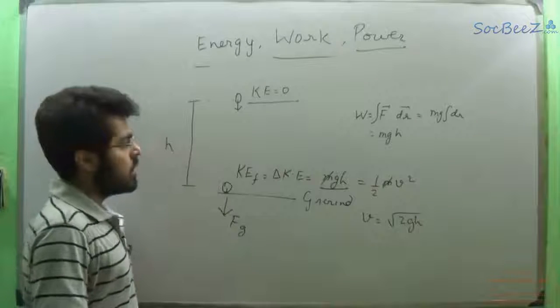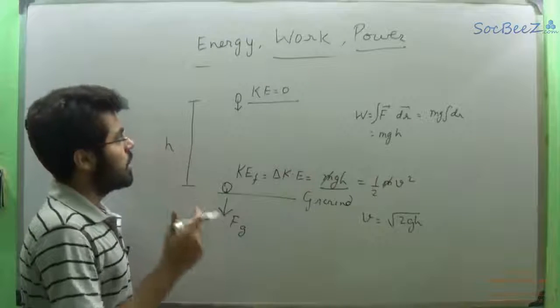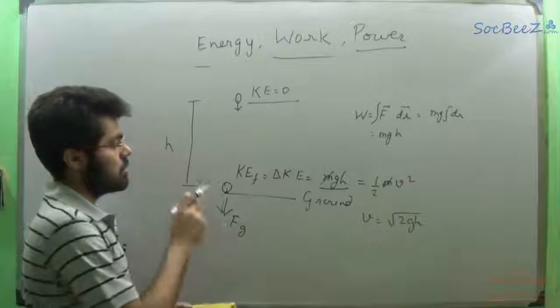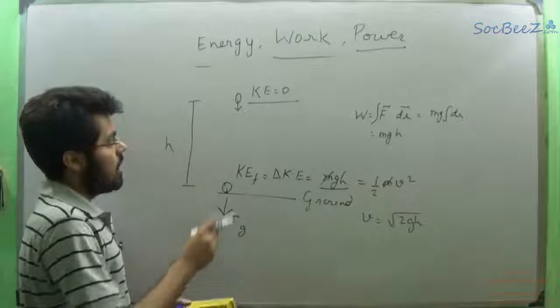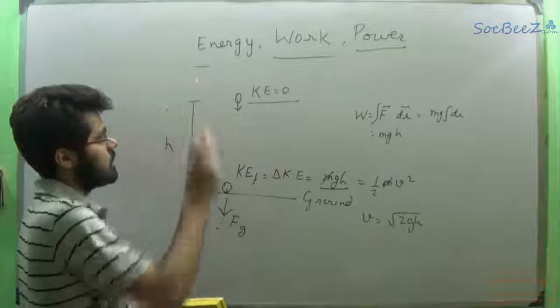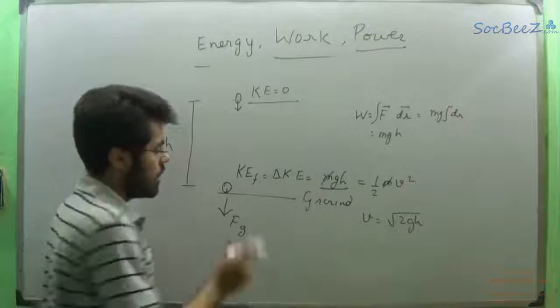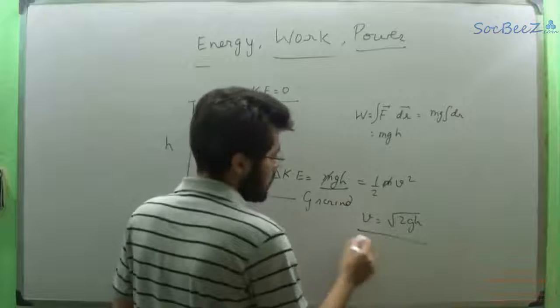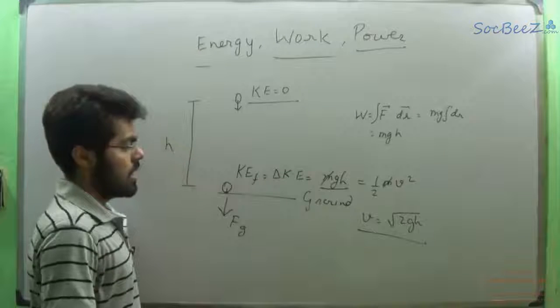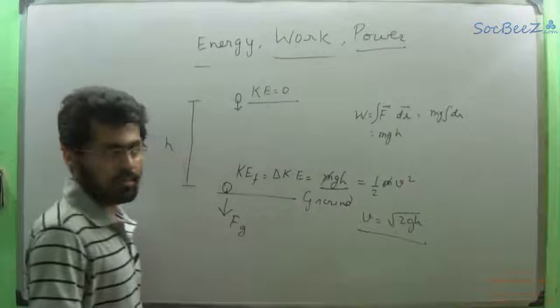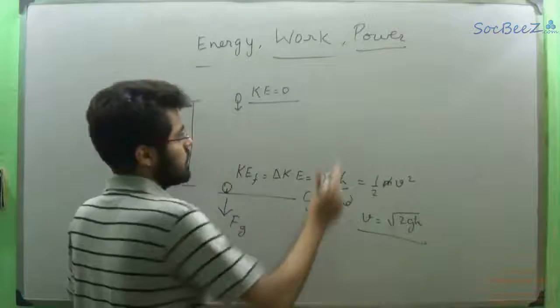Now, I would like all of you to go in flashback in the chapter of kinematics and just try to solve this problem where a ball was just dropped from any height h and you were supposed to calculate the final velocity when the ball is about to hit the ground, and whether you find that velocity to be same root 2gh or not. Or together we can do it.